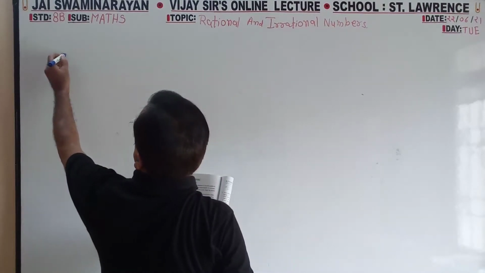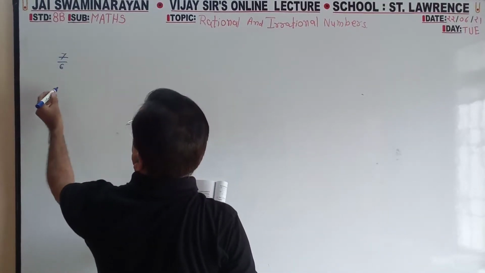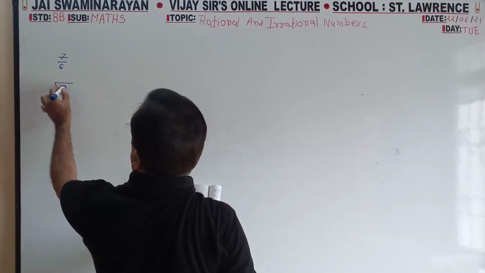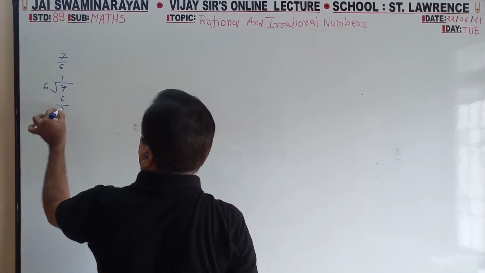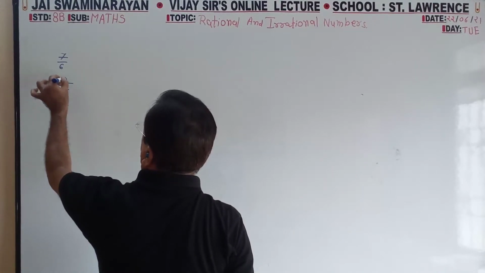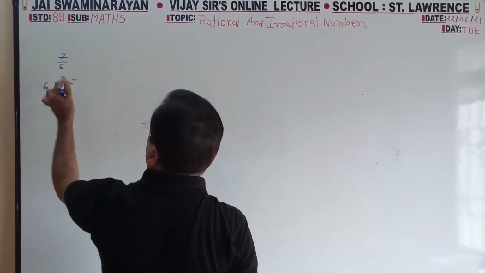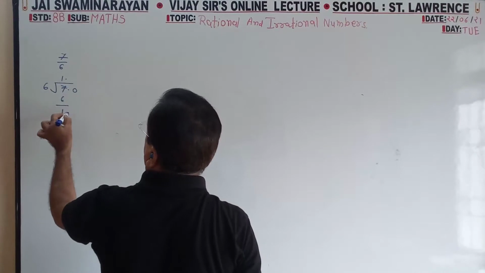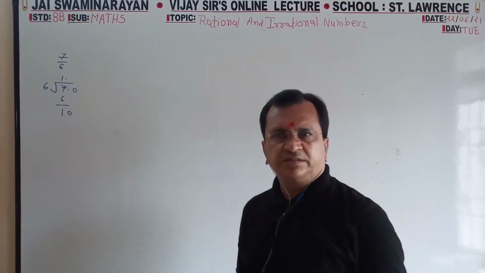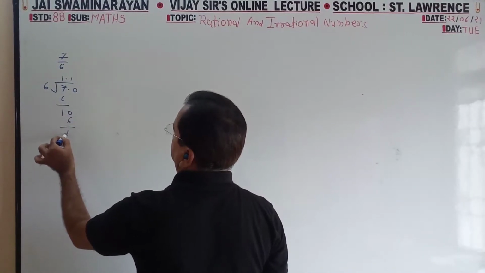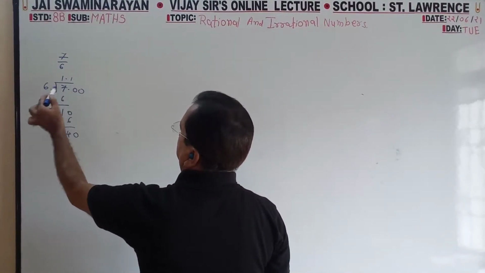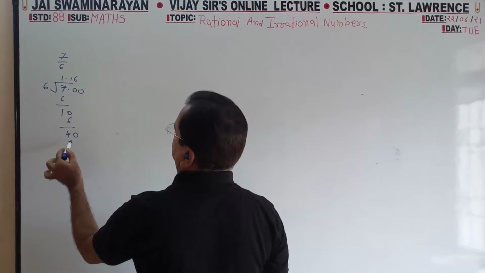Suppose it is 7 by 6. So 7 divided by 6. 6 ones are 6, 1. So point, here 0. 6 ones are 6. 6 sixes are 36.